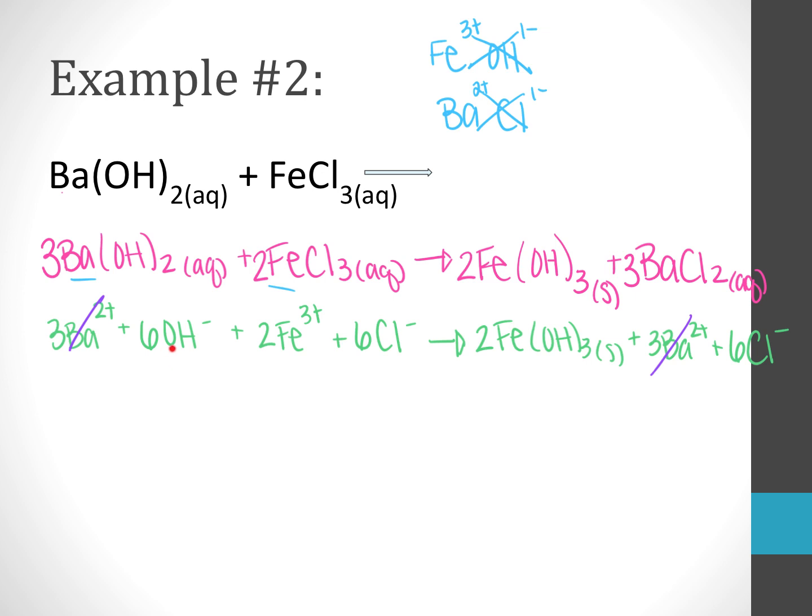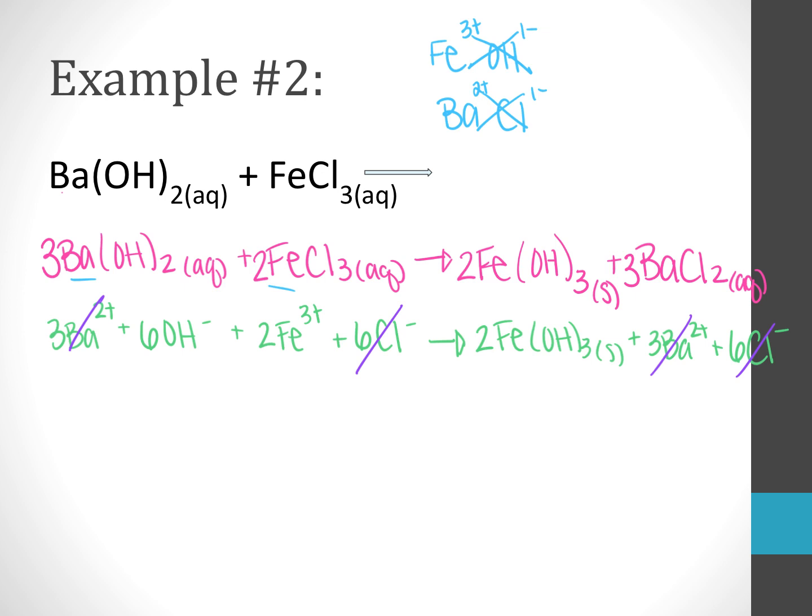Then we have 6 hydroxides, and then hydroxide bonded to iron. Do those look identical? Okay. Nope, so it's not a spectator. We have 2 irons with a 3+, and then iron bonded to hydroxide. Are those identical? Okay. Nope, not a spectator. 6 chlorine with a -1 charge, and then 6 chlorine with a -1 charge. Okay, so what are we going to do with those? Okay.